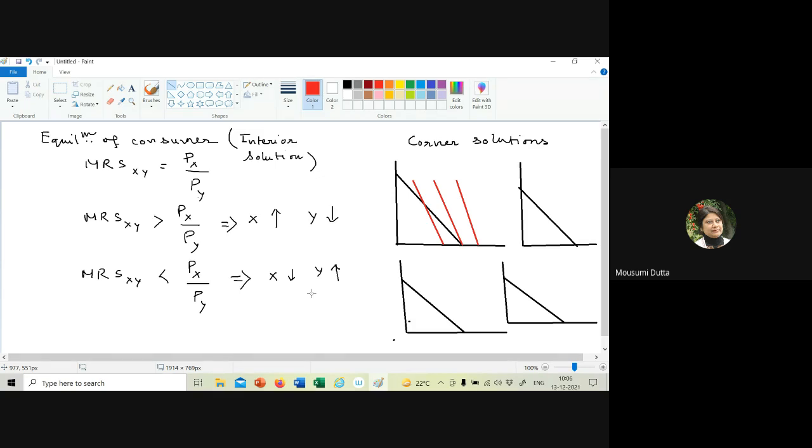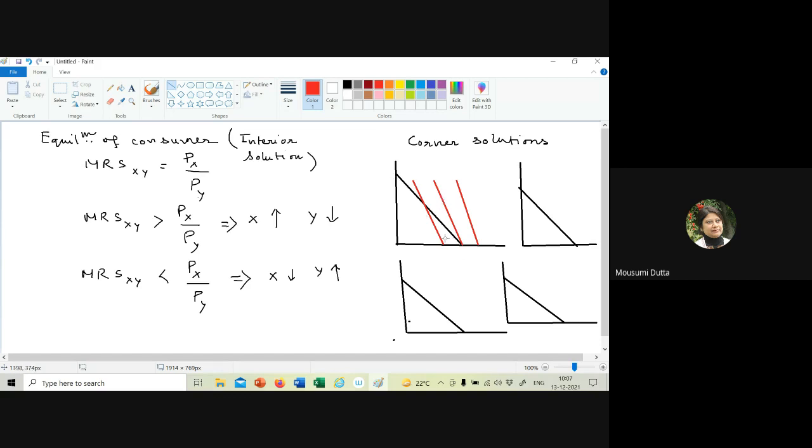So the set of red lines here in the first diagram indicates a situation when X and Y are perfect substitutes to each other.